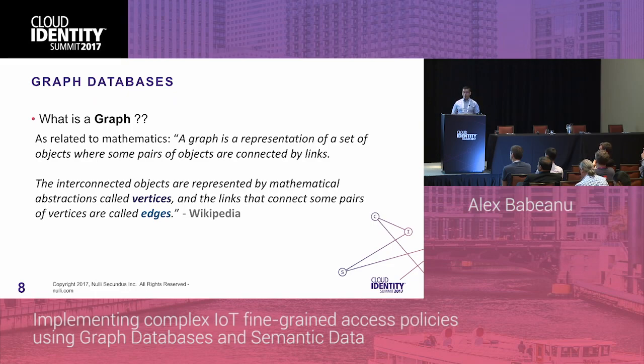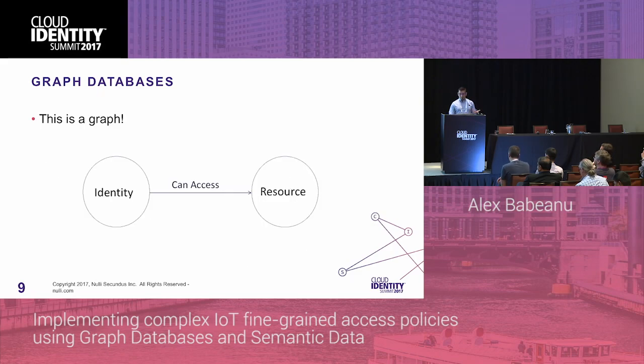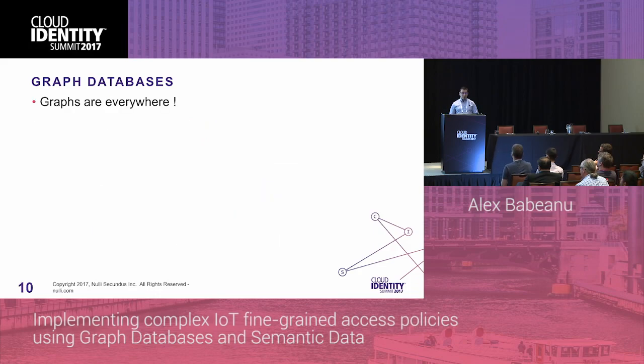Something like this at the bottom, you have six vertices that are interconnected by edges. Interestingly, this thing here is a graph as well. Back to our access policy, this is a graph as well. We have our vertices and our edge. Hopefully this starts to fit together now. If you start looking at things that way, you realize that graphs really are everywhere.